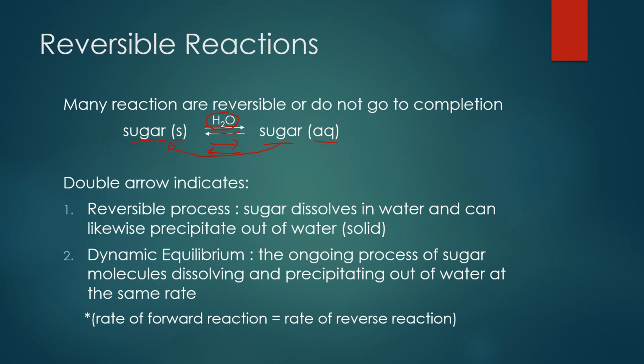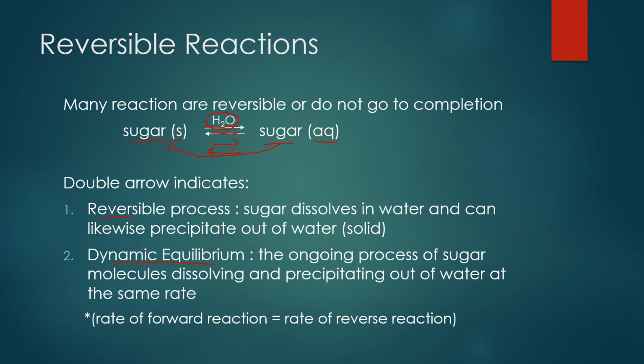So equilibrium is a reversible process, and it occurs in dynamic equilibrium. We have this definition again. We're going to see it several times in the next few chapters, so this is an important definition for you to know. Dynamic equilibrium is an ongoing process of sugar molecules dissolving and precipitating out.